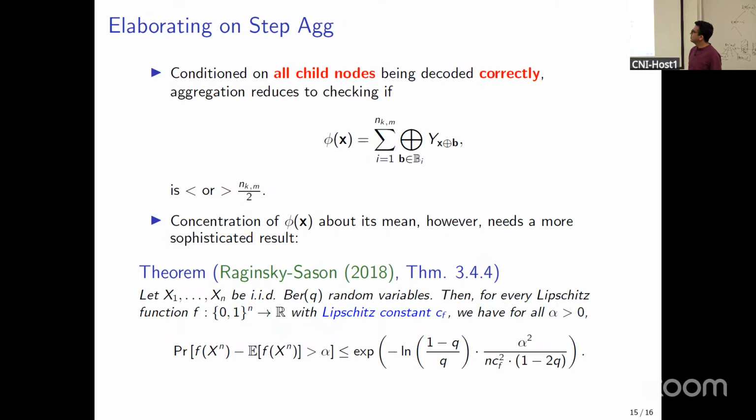The basic idea is you don't have the nice IID nature of the random variables that you're summing. Now they're all correlated, so you need some other kind of expression for the probability of deviation from the expected value, and that makes use of some analysis of the Lipschitz constant of phi when viewed as a function of these random variables that you see here.